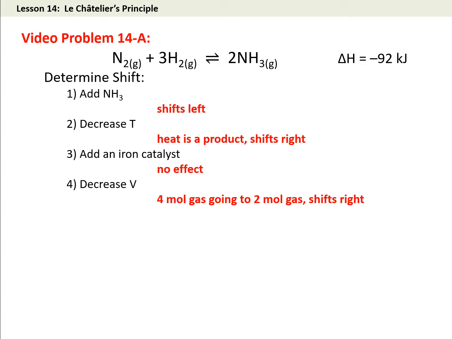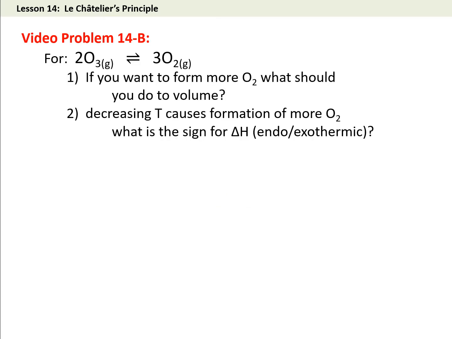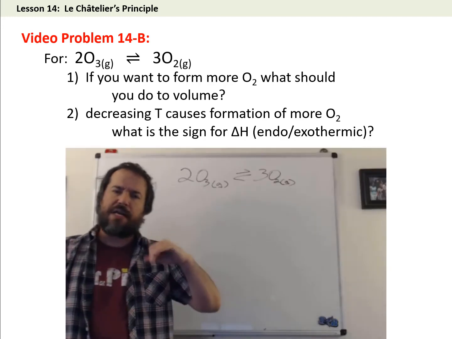Okay, let's go on and do another reaction. We're going to look at a reaction of 2 ozone, that's O3, going to 3 O2. These are gases. All right, so this is kind of a different way to look at it.